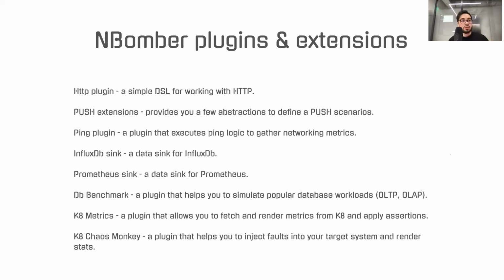So K8s metrics is an interesting plugin that allows you to fetch and render metrics from K8s and apply assertions. I will show it later. K8s Chaos Monkey is a plugin that helps you inject some faults in your Kubernetes environment. The thing is that you can use all this, you can have metrics and you can use Chaos Monkey. With NBomber, you get one single HTML file and all reporting will be in one single point.